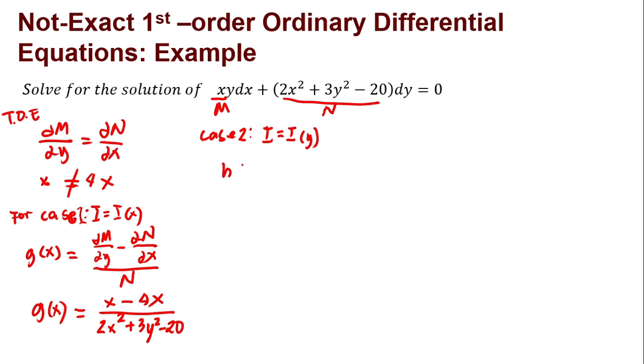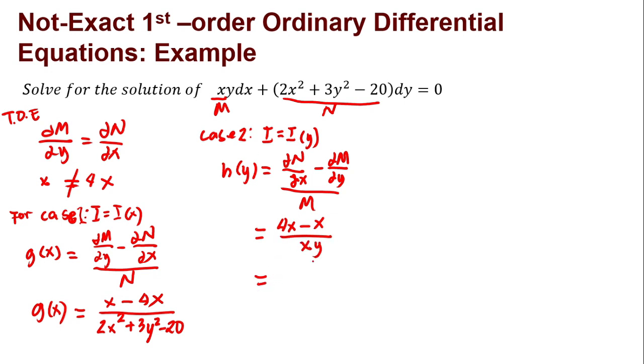So we have h of y equals the partial derivative of n with respect to x minus the partial derivative of m with respect to y, divided by m. So we substitute. This one is 4x minus x, divided by our m, which is xy.